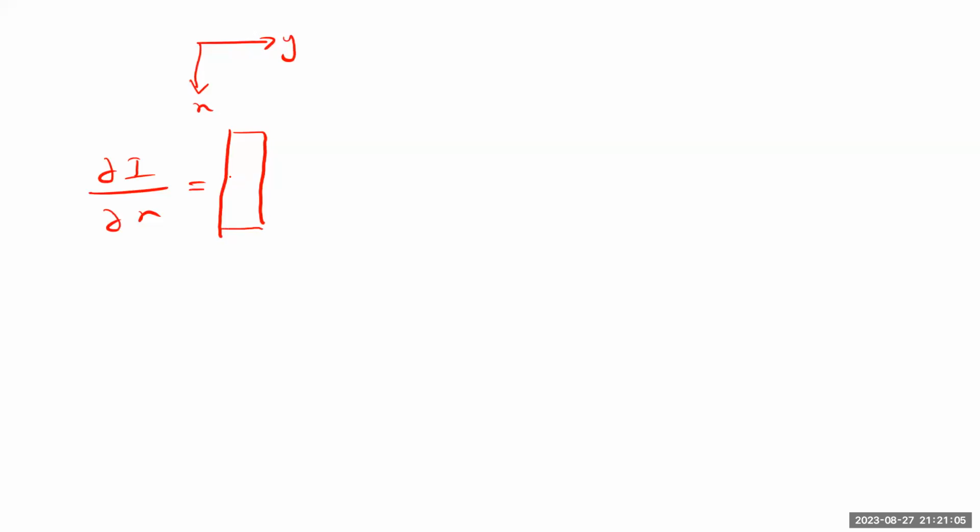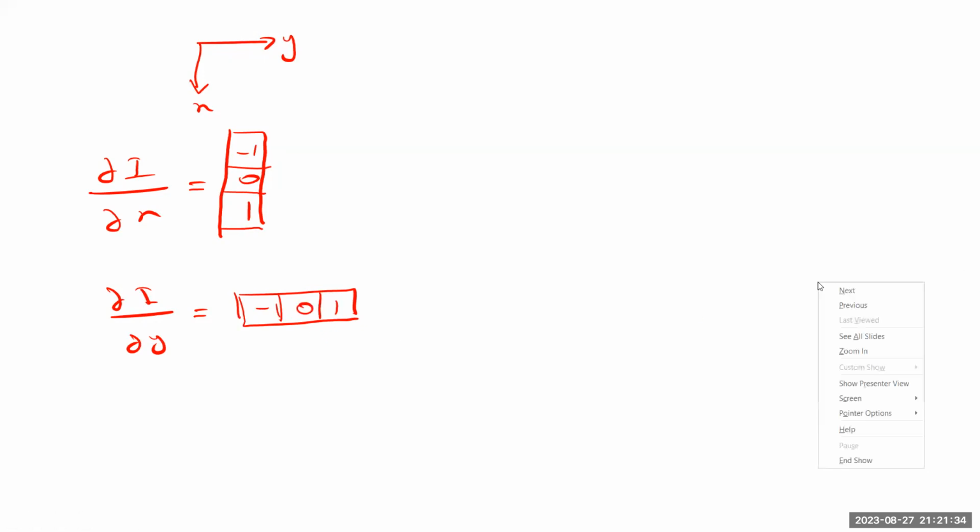I will put three of these. It's going to be 3 by 1, since 2 by 1 is not exactly what we use. And ∂I/∂y is going to be -1, 0, 1.